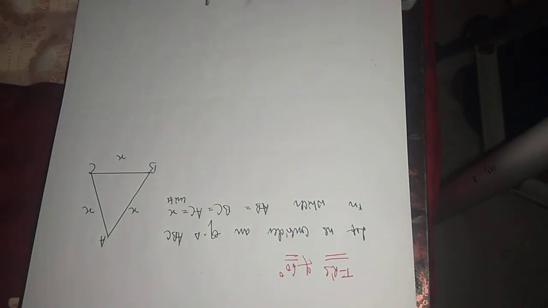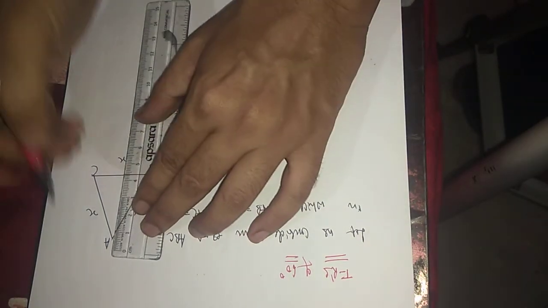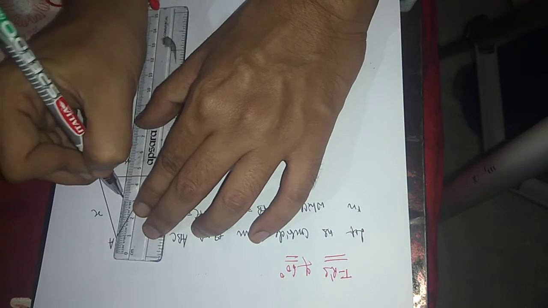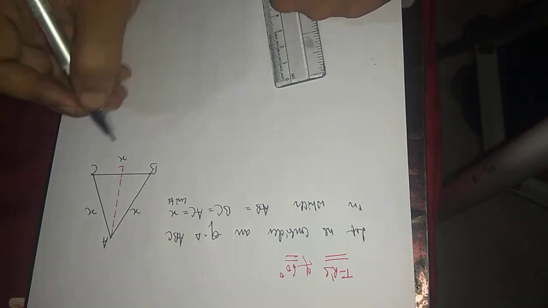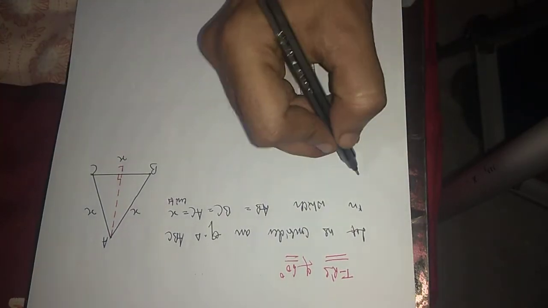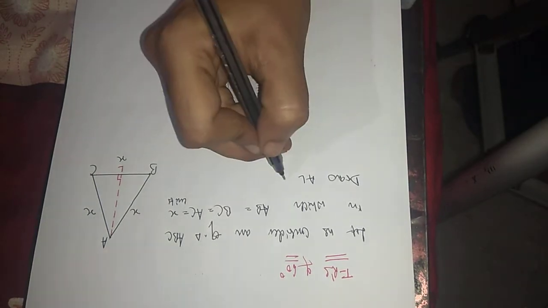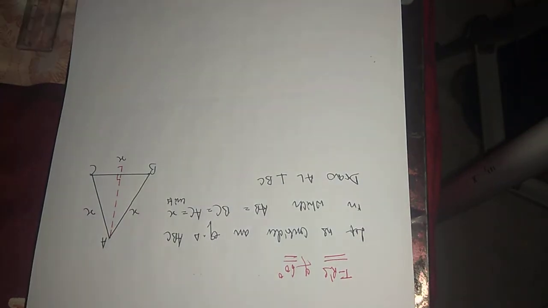All the sides are x units, and after it we have to draw an altitude, like this, AL. Now draw AL perpendicular to BC.